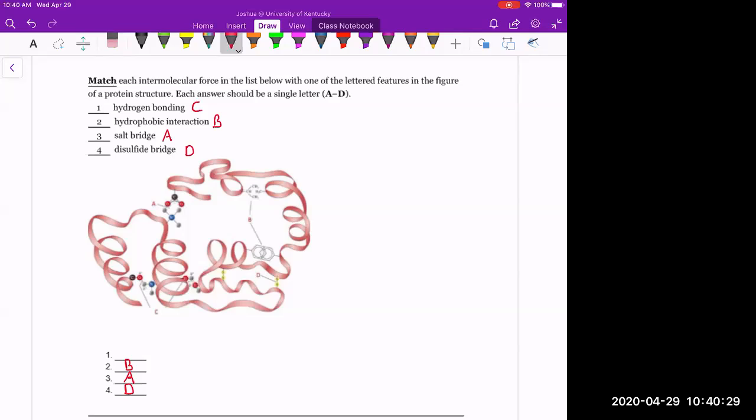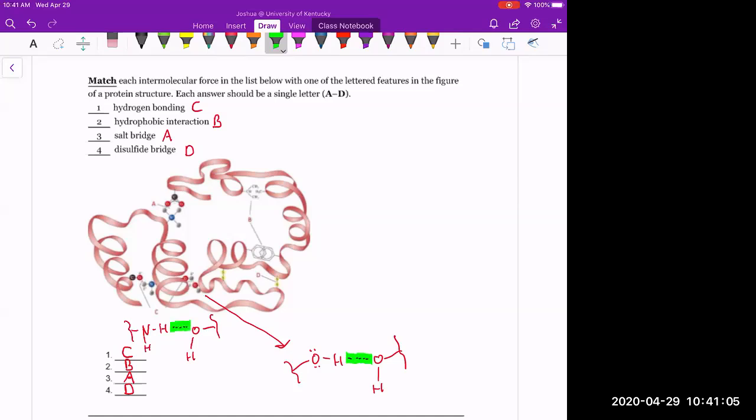C is hydrogen bonding. It's highlighted in green.